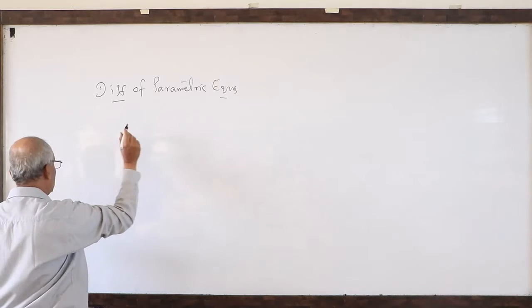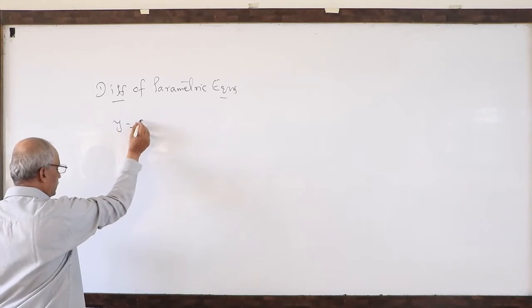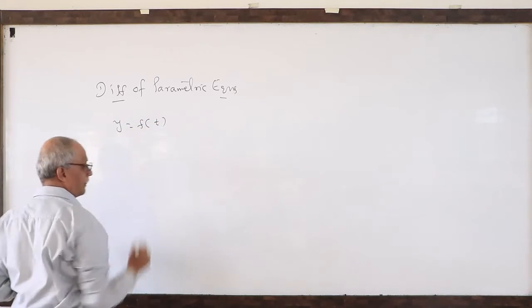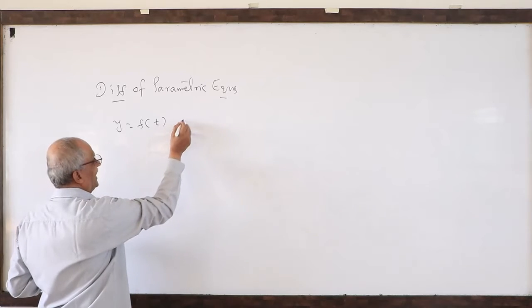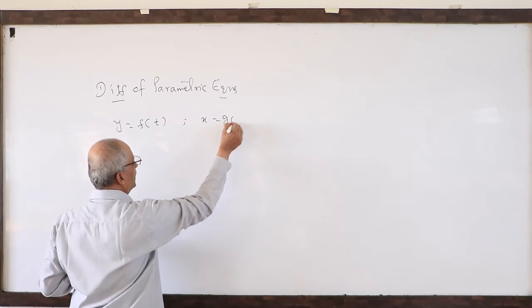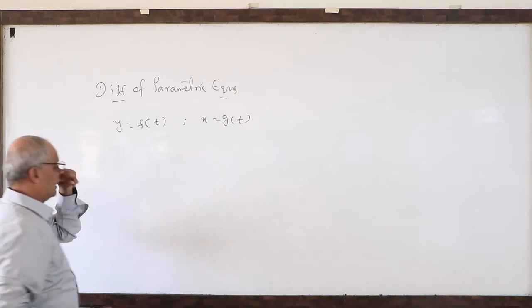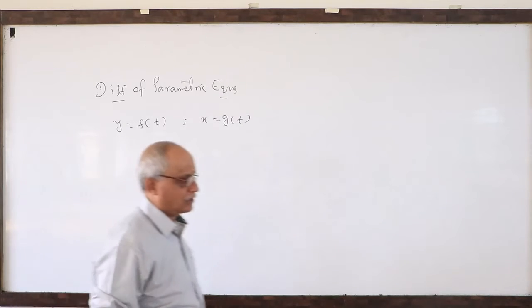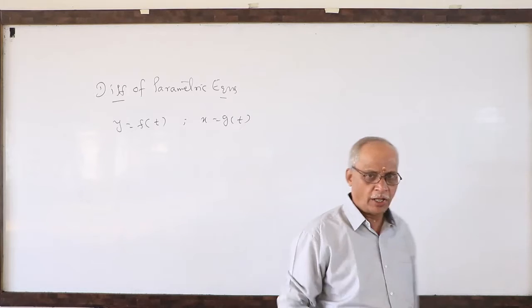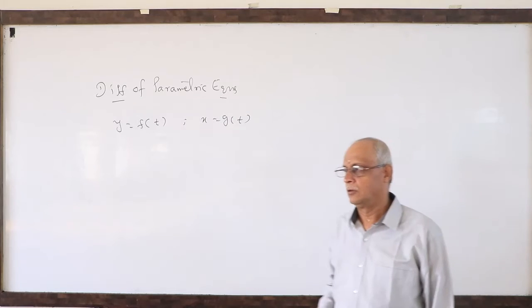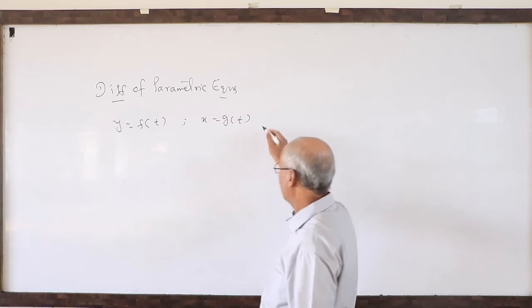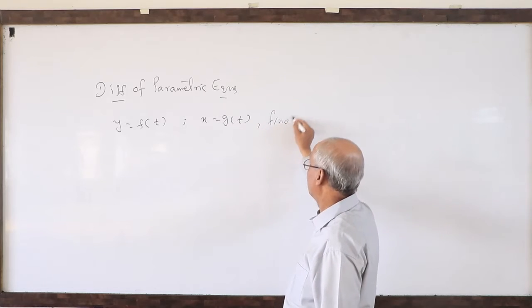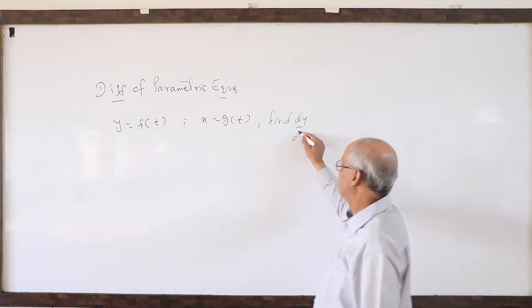Suppose y is a function of t and x is a function of t. What is the meaning? There are two functions named y and x. Between y and x, there is a third person. They are asking dy by dx.